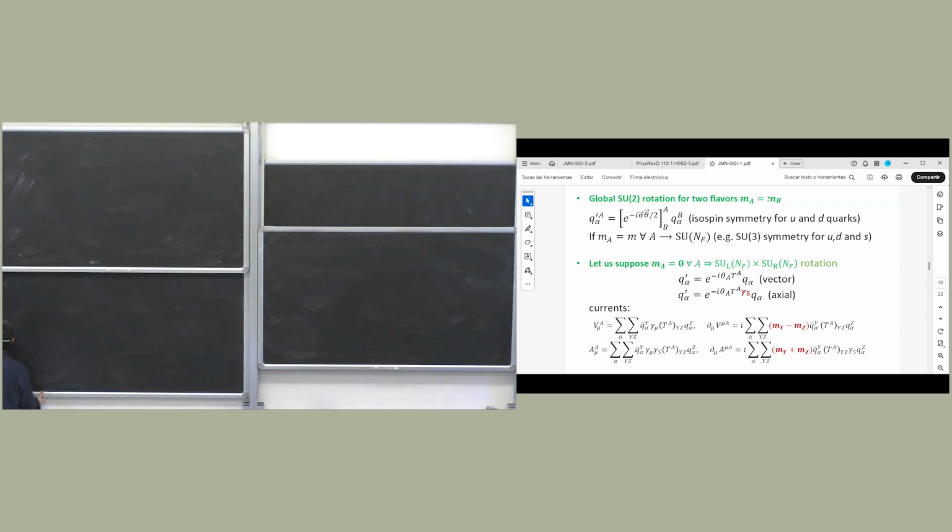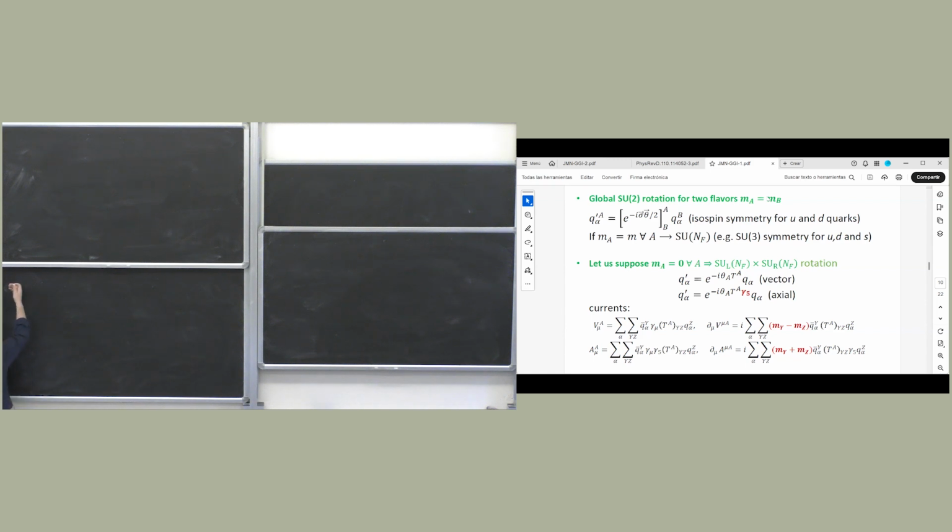So then we have a vector transformation. So q_i is transformed into q'_i, which is just e to the minus i theta^A T^A, and this is now a matrix in the SU(3) space, because I am thinking in Gell-Mann matrices, right?